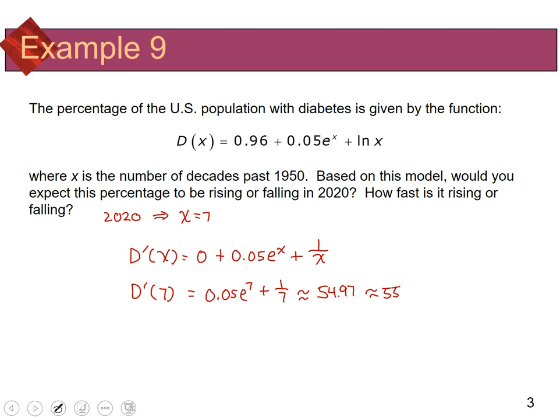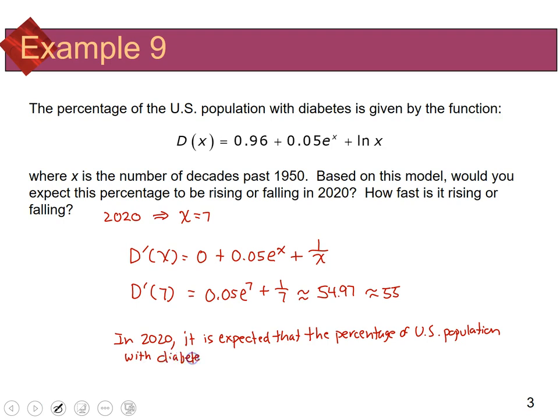So based off of this, in 2020, it is expected that the percentage of U.S. population with diabetes will be rising by about 55% per decade at that point.